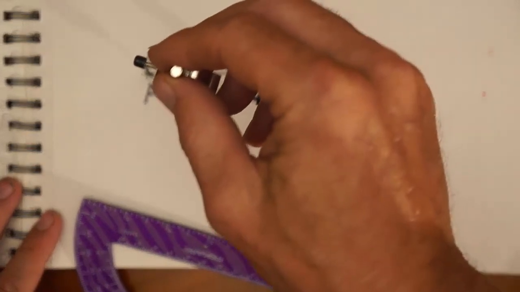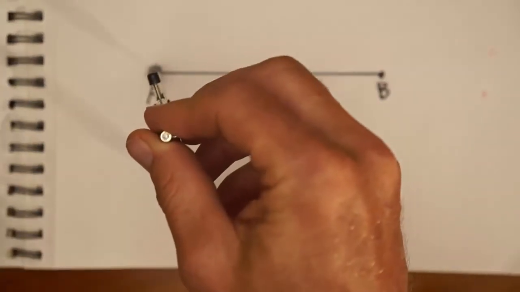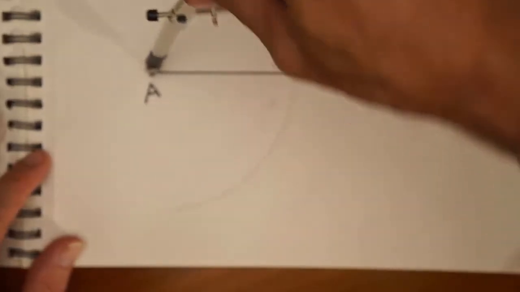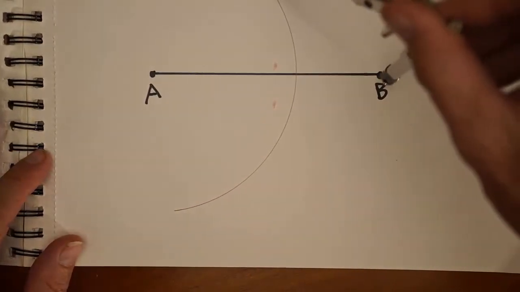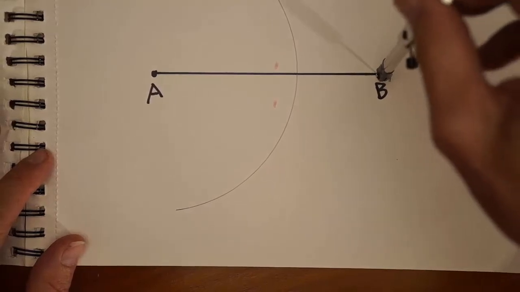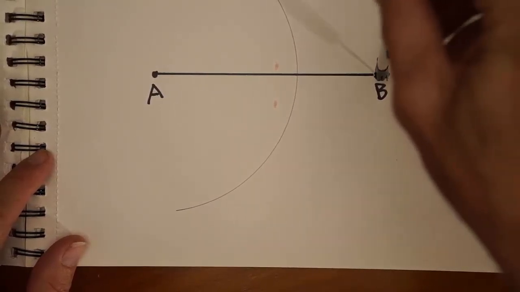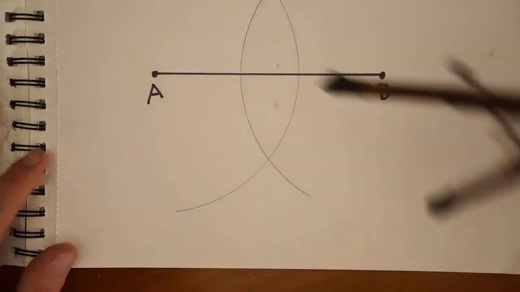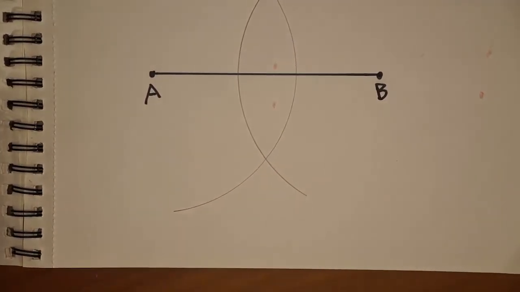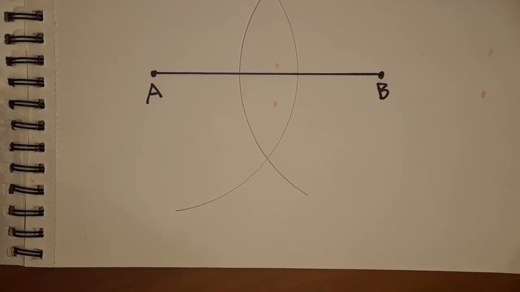So we're going to put the compass point on A, and create an arc. We're going to put the compass point on B, and create an arc, keeping the same compass gap. And we're going to get two points of intersection between those two arcs.